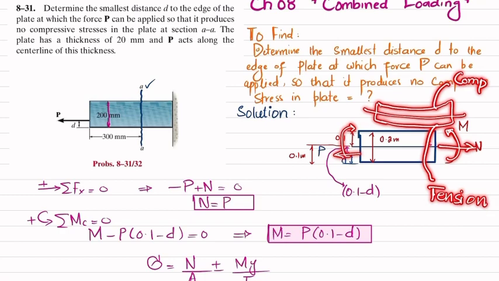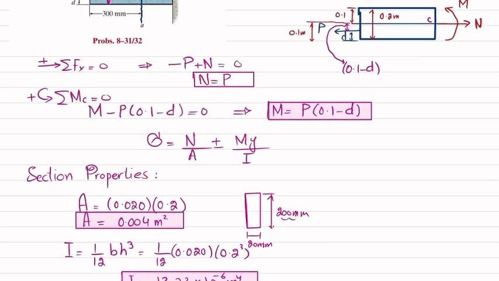If you put the formula over here, N over A, and for the upper distance Y we will take minus M into Y divided by I, because this bending stress will be compressive. Clear? So you have this formula.